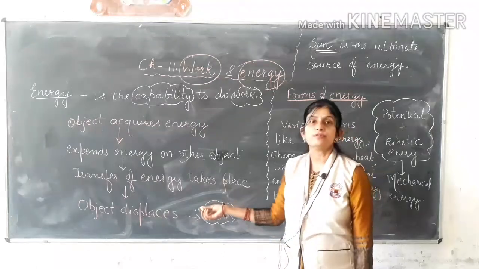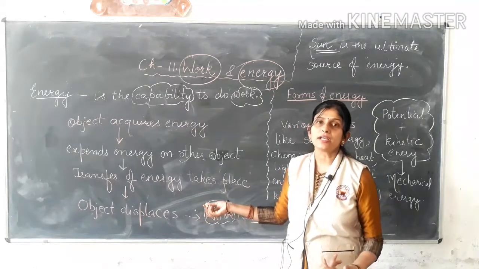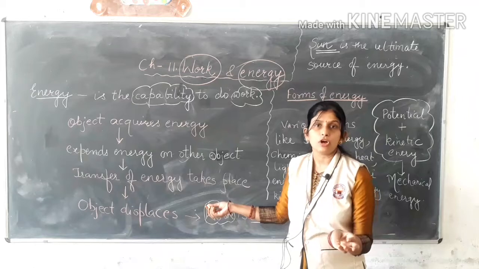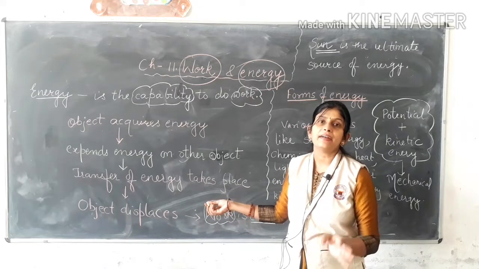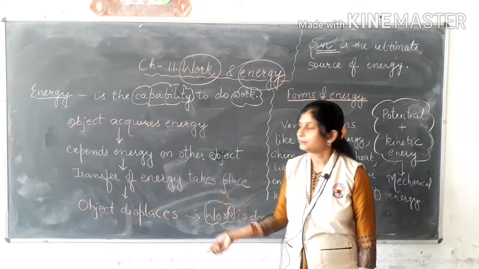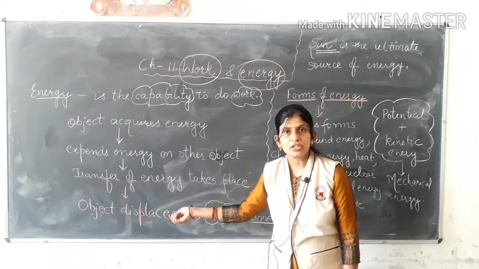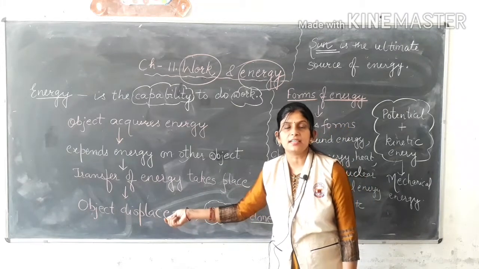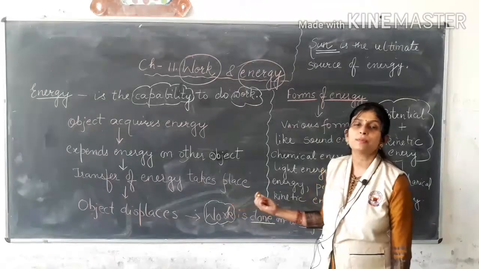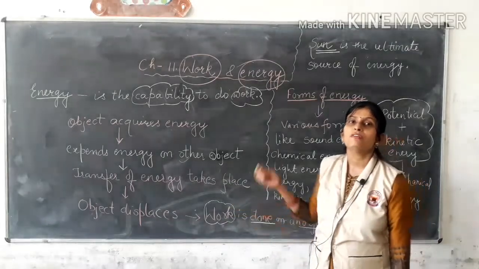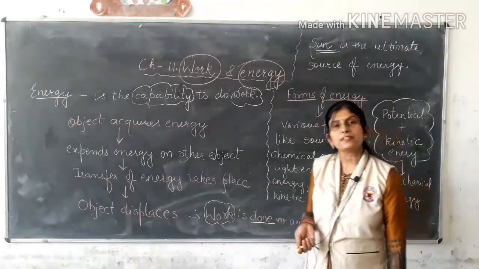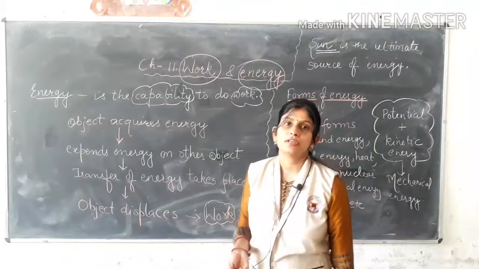Now, the second object, like the golf ball and iron nail, both get energy from the first object. As a result, they move or displace in a direction. In this way, work is done by the first object on the second object.